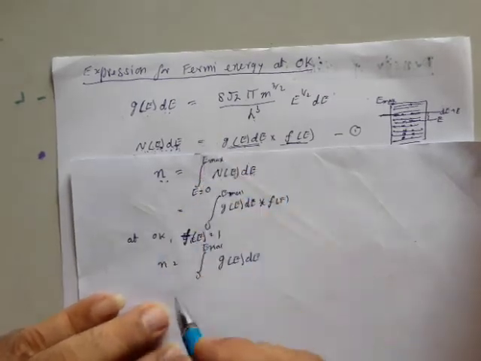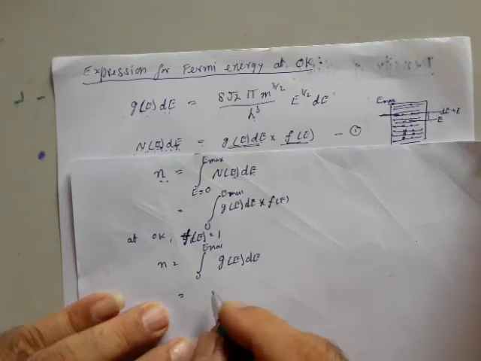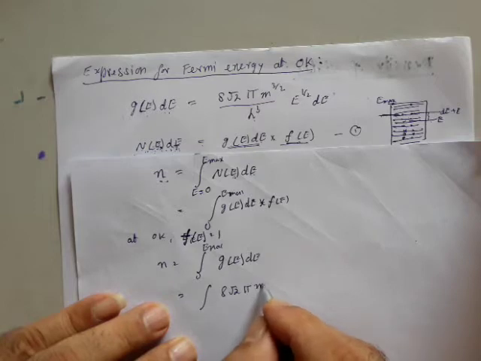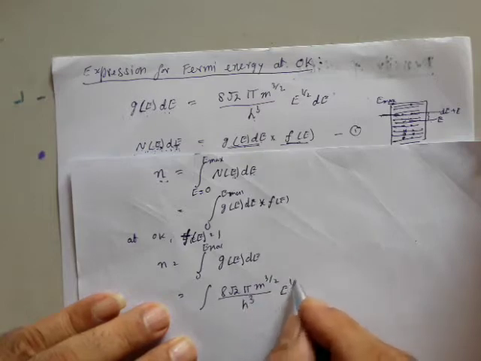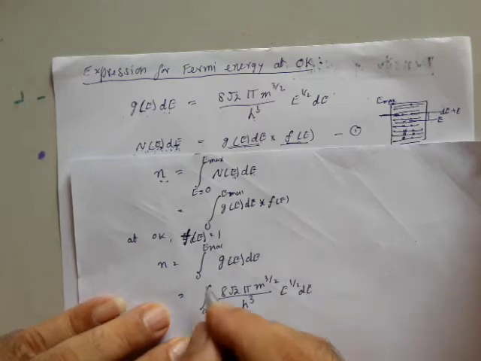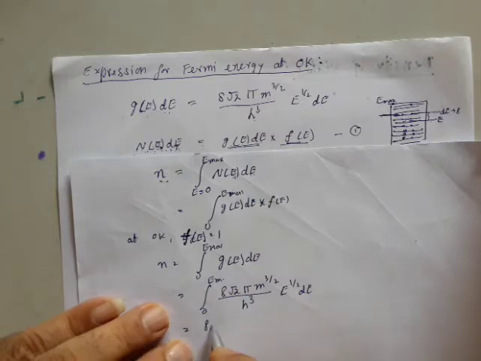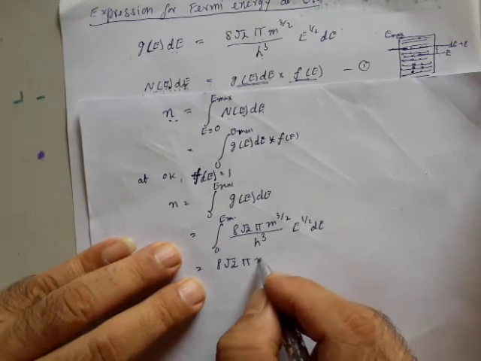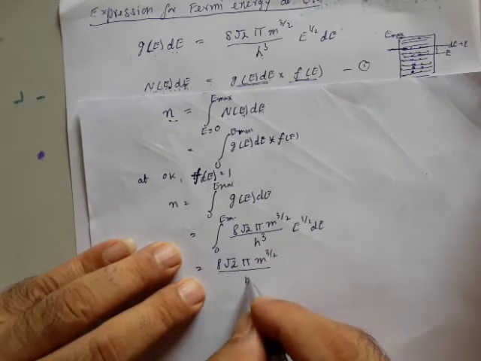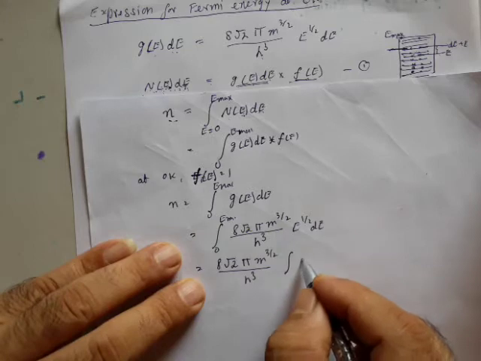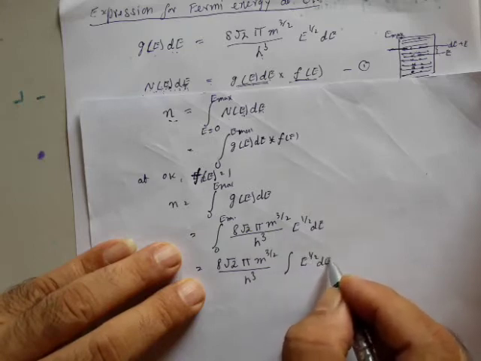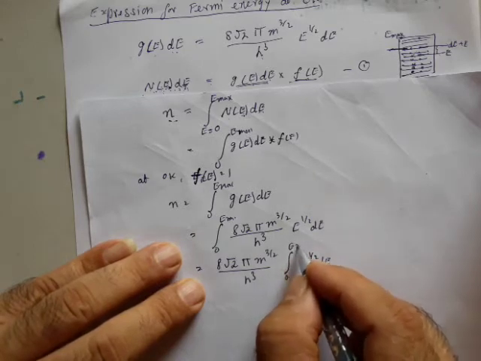But G of E dE, according to the first expression, I can write as the integration of 8 root 2 into pi into m to the power 3 by 2 divided by h cube into E to the power half dE from 0 to E maximum. So I can take all the constants out: 8 root 2 into pi into m to the power 3 by 2 divided by h cube, and integrate only E to the power half dE from 0 to E maximum.